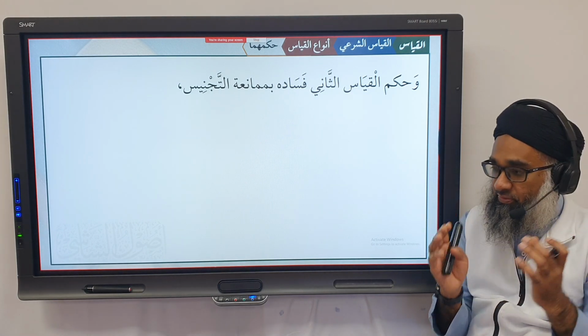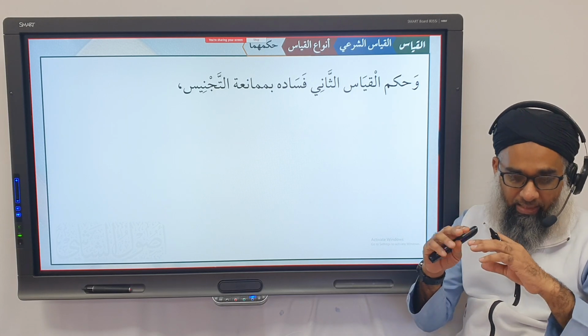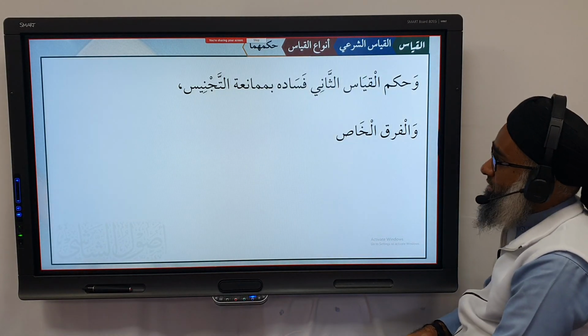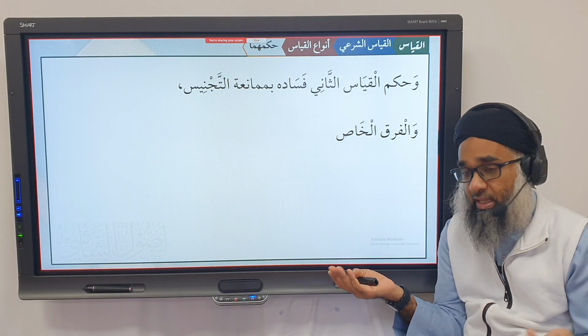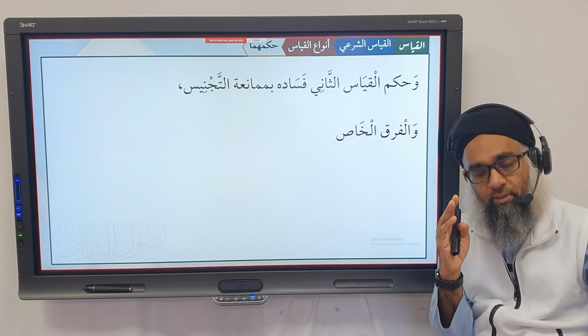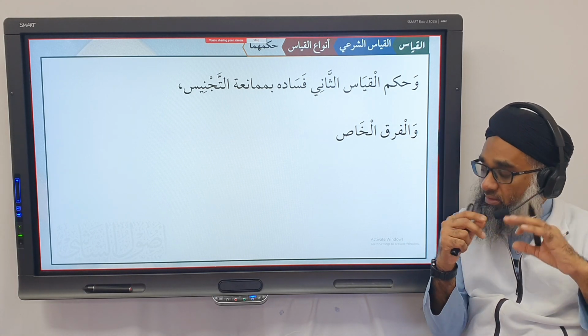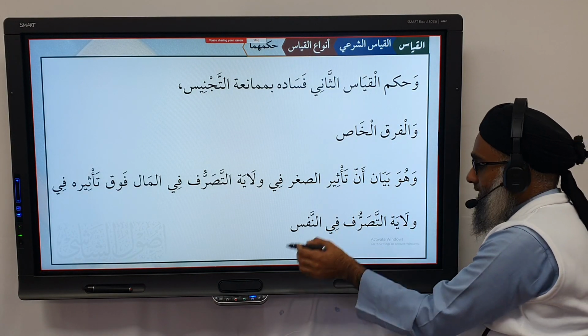This qiyas becomes fasid if you say that we don't agree that the illa extends to both of them. And al-farq al-khass. If there's no illa mushtaraka, the qiyas is fasid. And if you have an illa mushtaraka, however, there's a farq, a difference between the two of them, what will happen then? You can say the qiyas is fasid.